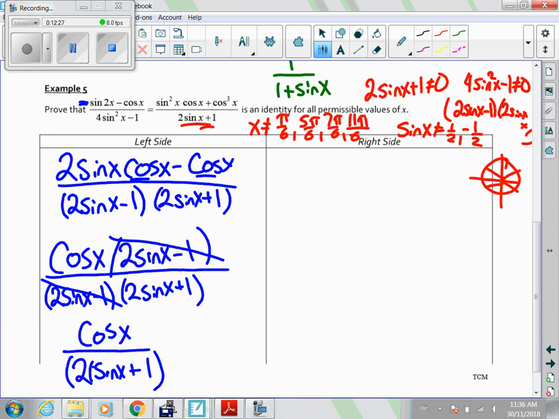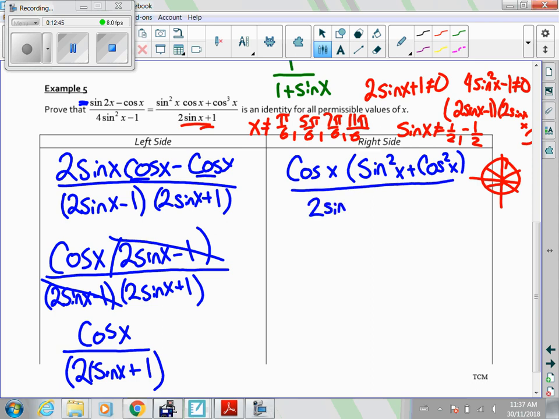So what I'm going to do on this side is I'm now going to take this part apart. I can see that there's a cos x as a common factor, so I'm going to factor out a cos x. And hey, look, some great stuff is happening right now. Sine squared x plus cos squared x, because we see this and we think, wow, I could hit that with a hammer. In fact, that's my really nice hammer.